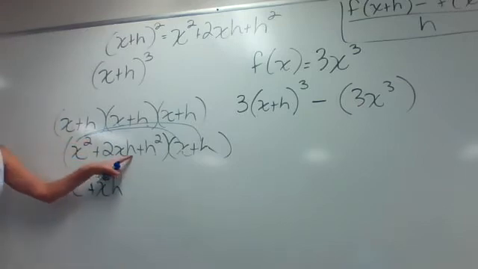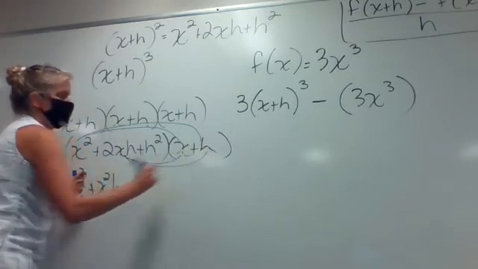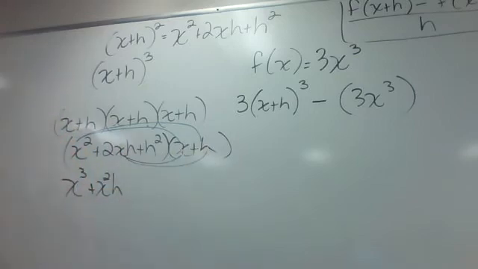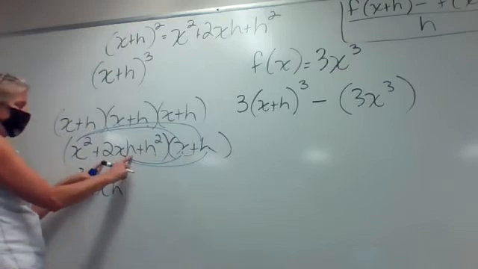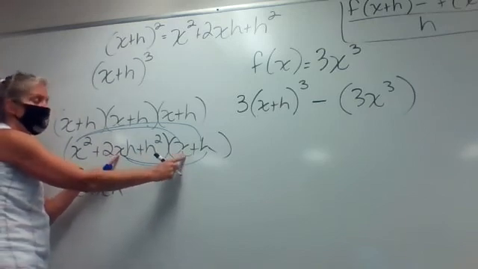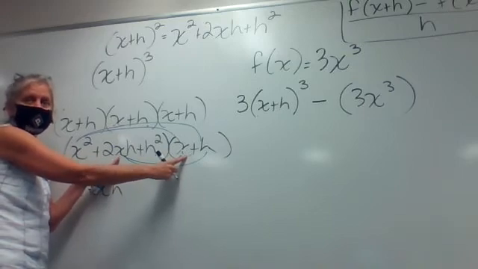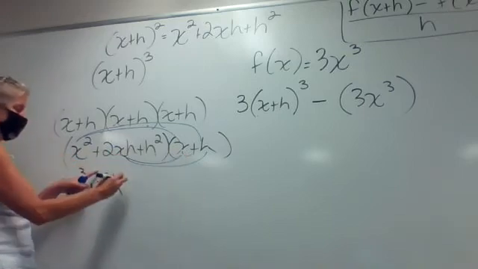Now I move to the 2xh and distribute it to both of these. So what's the first thing I have? I've got 2xh times x, which means the x's are going to end up being squared, right? Because you got x times x. So what's this going to end up being?